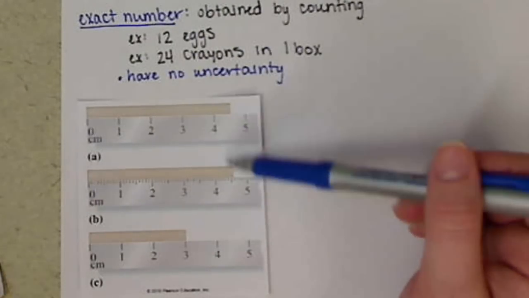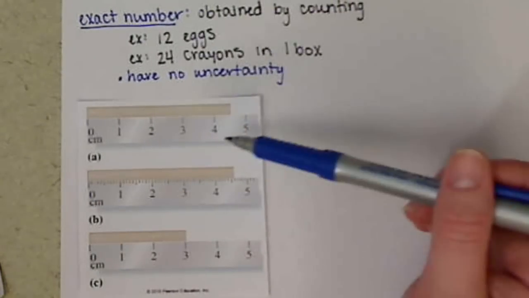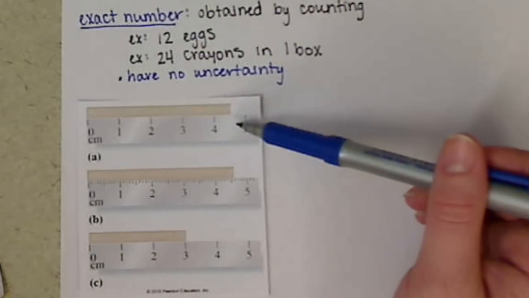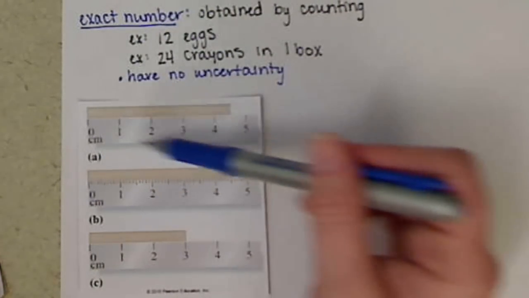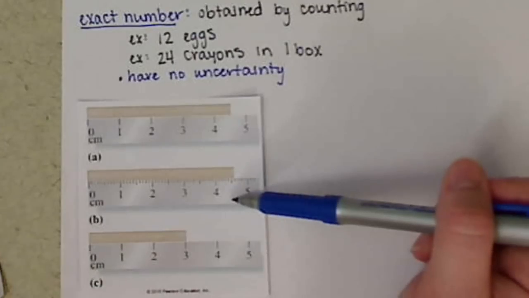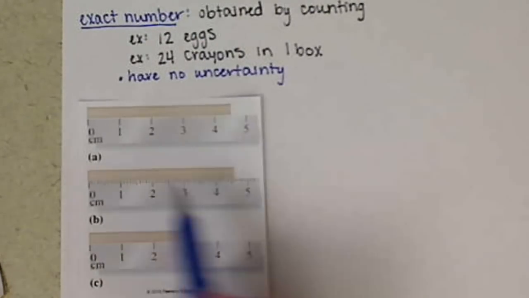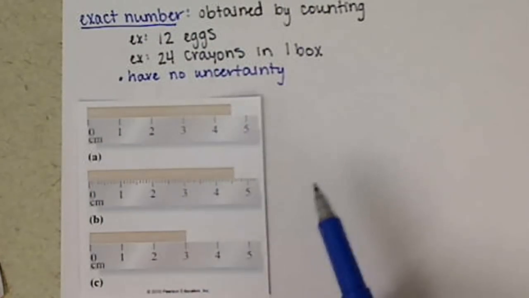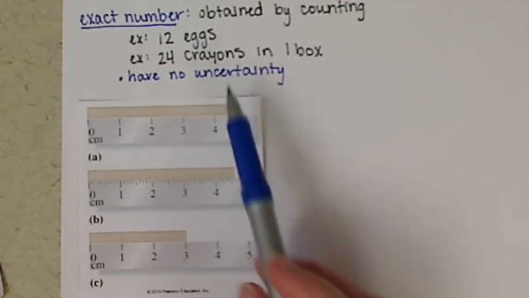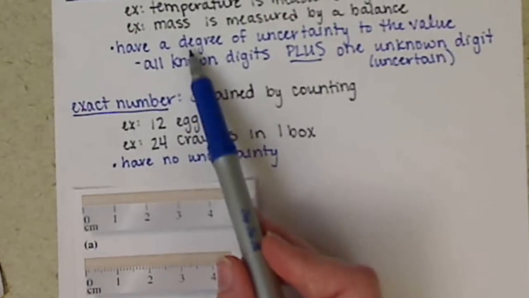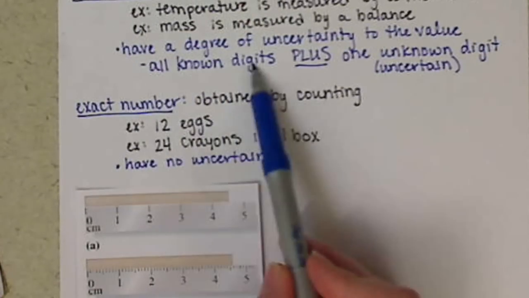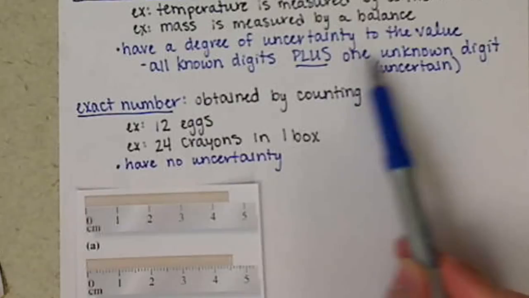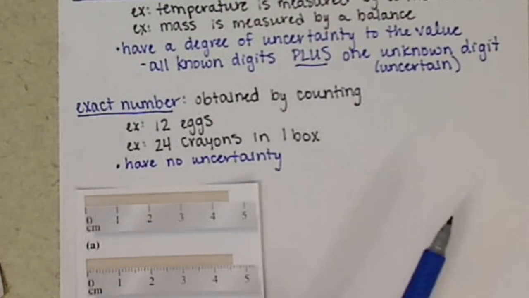But the reason we write the numbers down differently is because this ruler has a different known value than this one here.